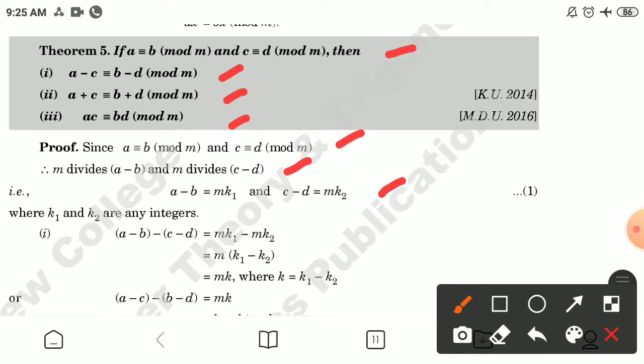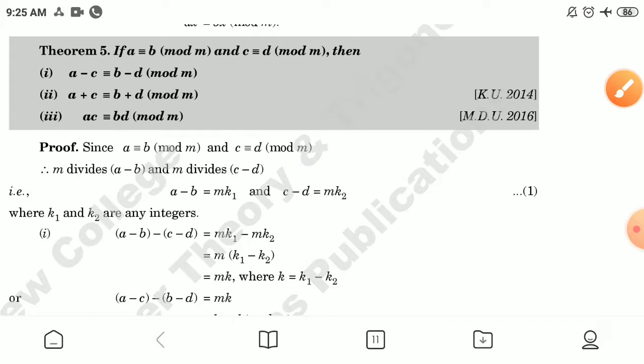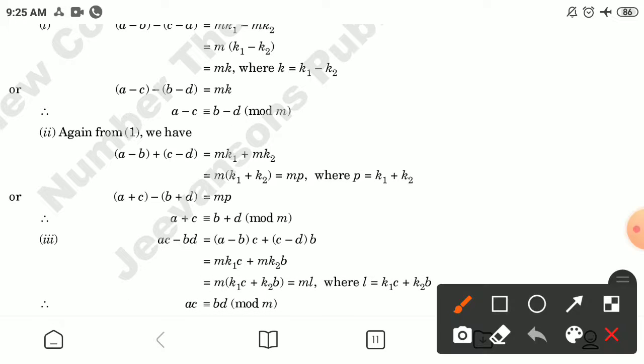First one: (A minus C) minus (B minus D) becomes equal to MK1 minus MK2, M into (K1 minus K2), or MK, where K is equal to K1 minus K2, or (A minus C) minus (B minus D) is equal to MK.